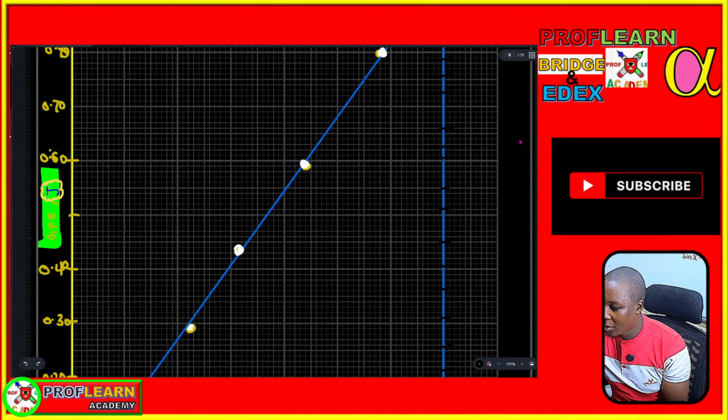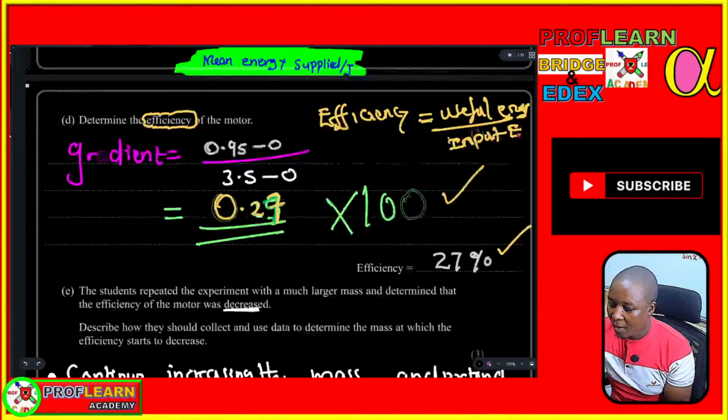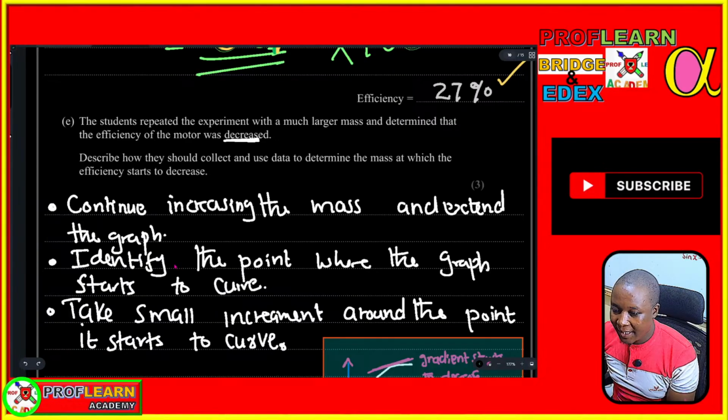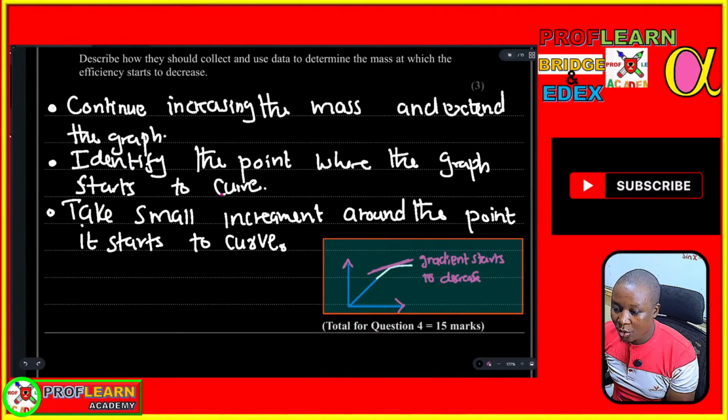This is exactly what we are going to do. Continue increasing the mass and extend the graph. Identify the point where the graph starts to curve.